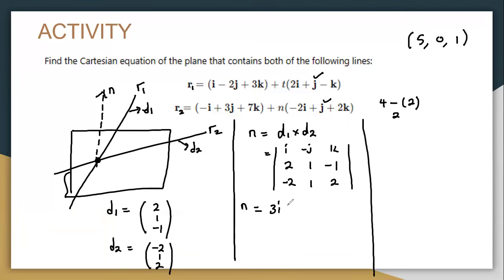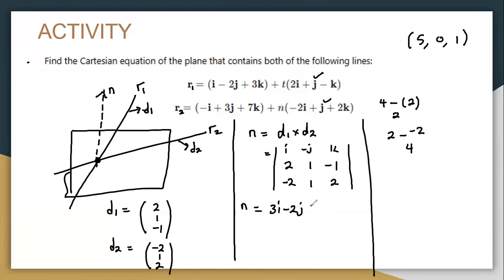So here I'll have 3i, but since there is a minus, we shall end up with negative 2j. Hope that is okay. Then I continue. When I go to the k, I have 2 minus 2, which gives us a 4.